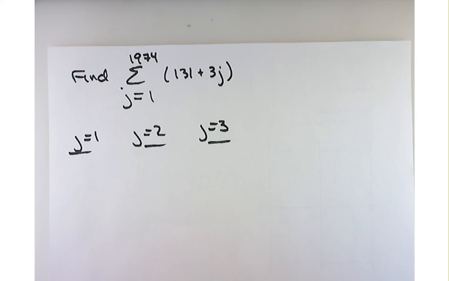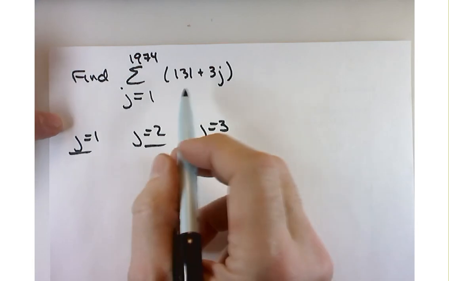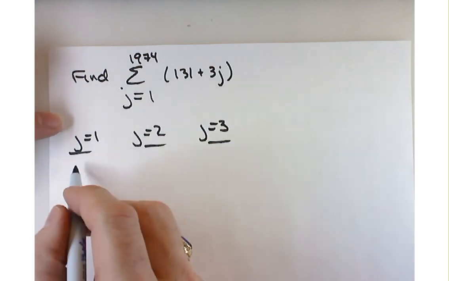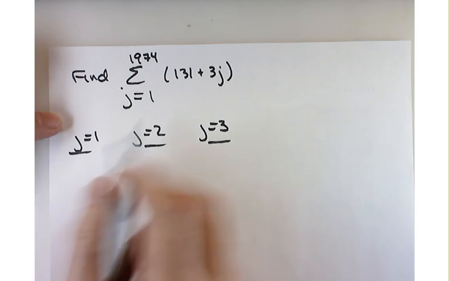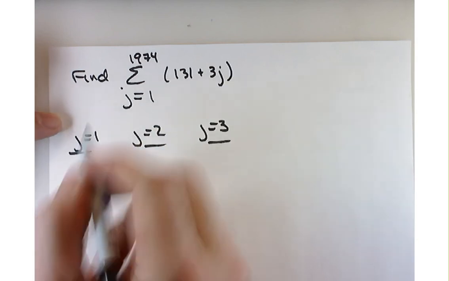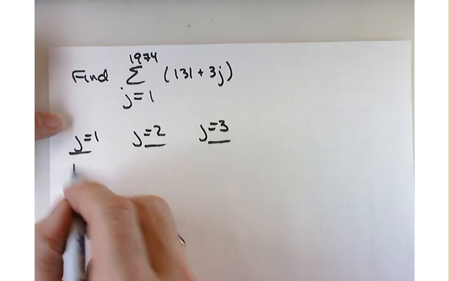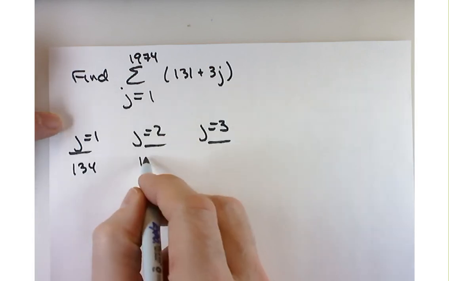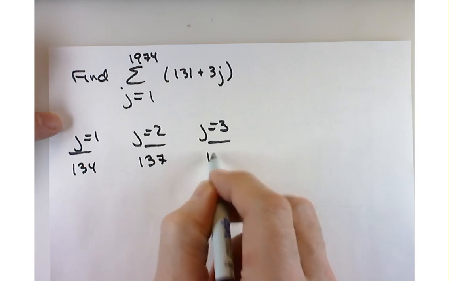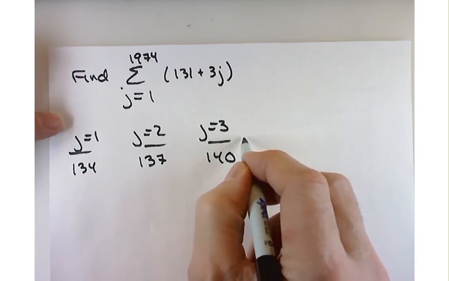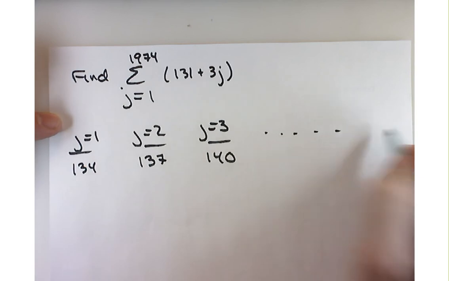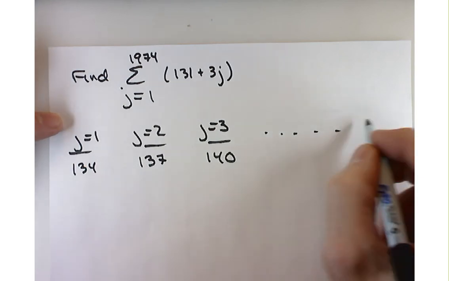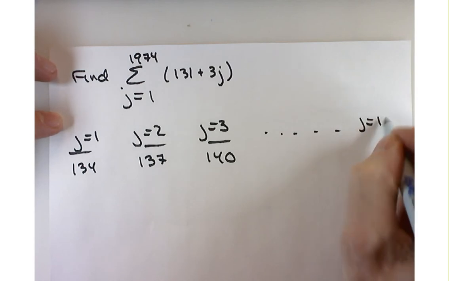All right. So if j equals 1, what number do I have here? Put in a 1 for j. What do we get? 134. j equals 2, 137, and 140, and on and on. And you've got a lot of these. Now the question is, do you want to calculate what the term at j equals 1974 is?